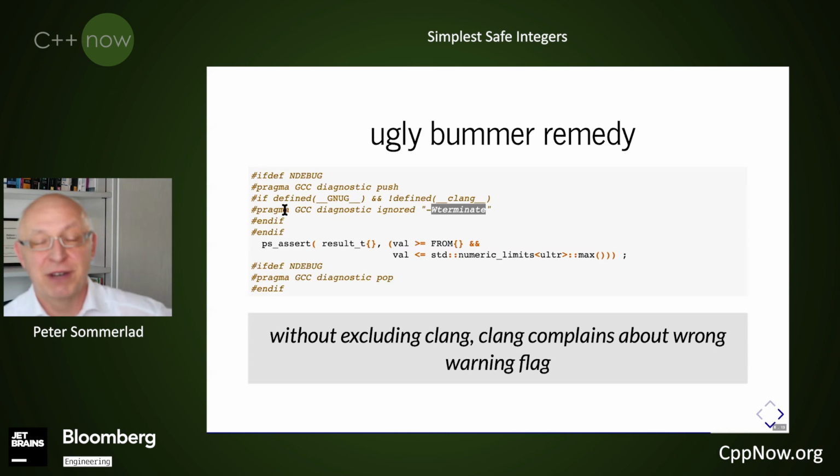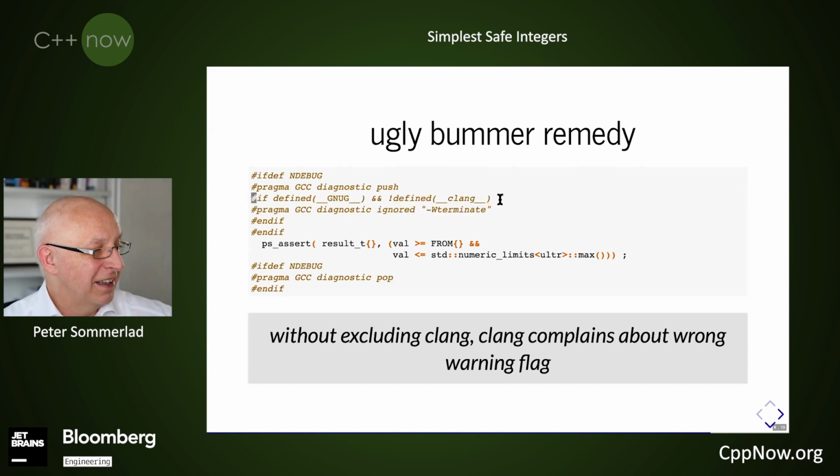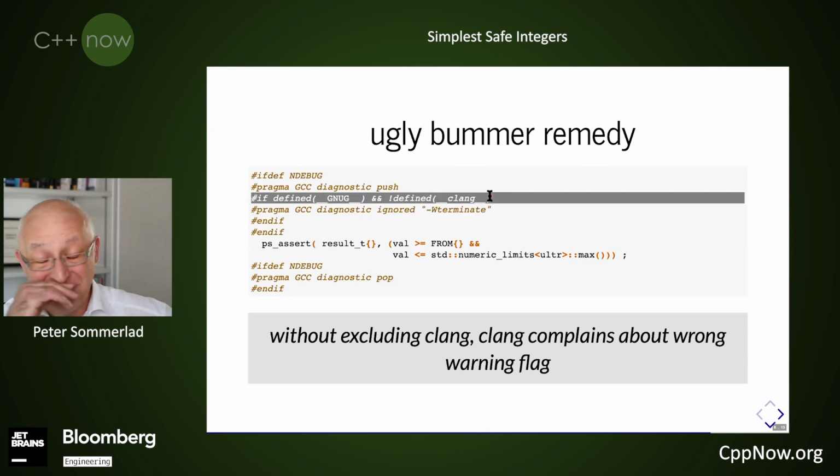And if you have W error as your compiler option, you just try to fix one compile error and get another one on Clang. So I have to check if it's not compiled with Clang, and then we do that pragma with the diagnostic.